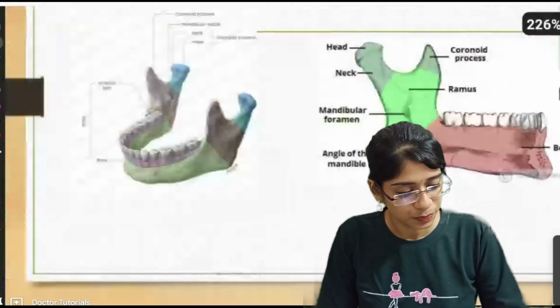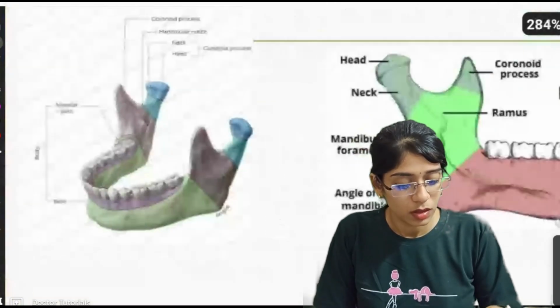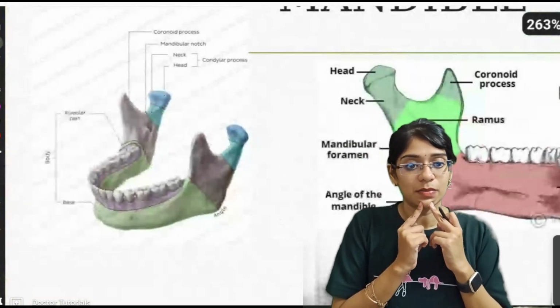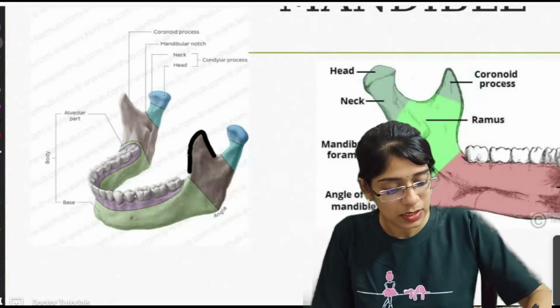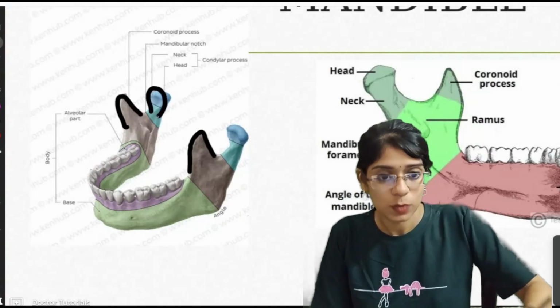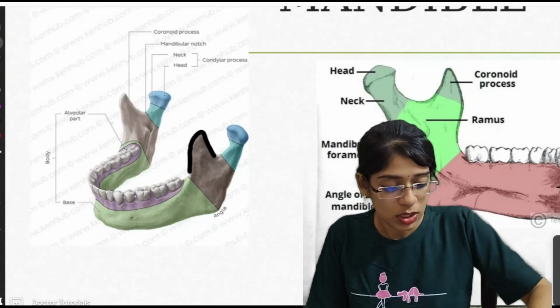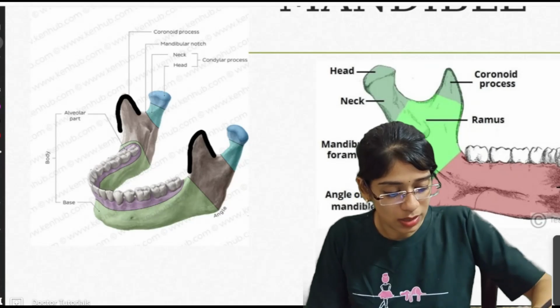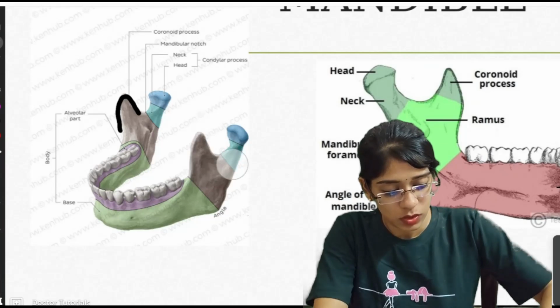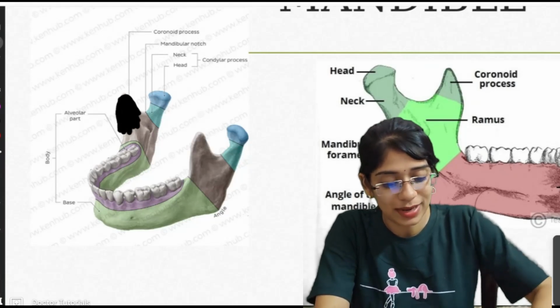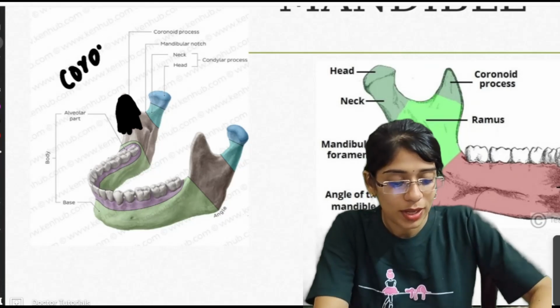Look here. This is the mandible. Can you see two projections in this part? This projection is called the coronoid process.